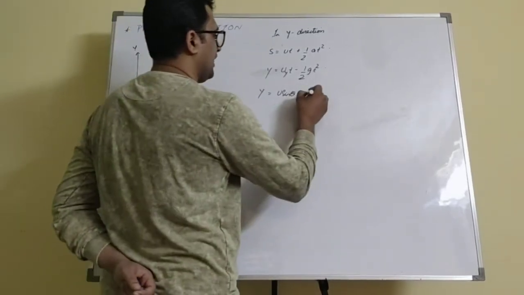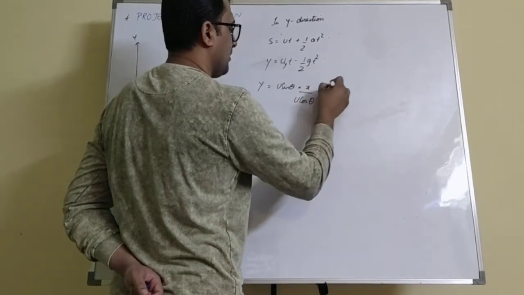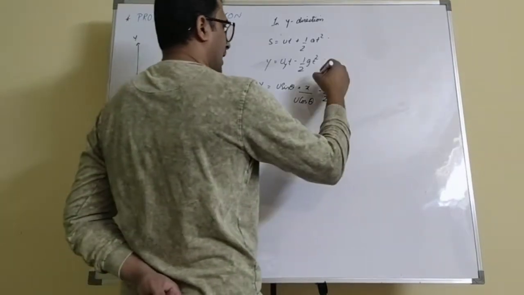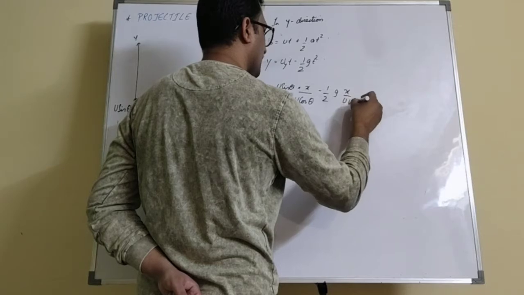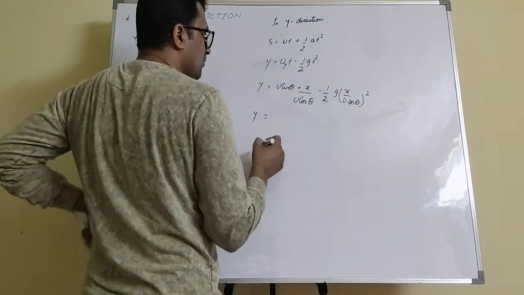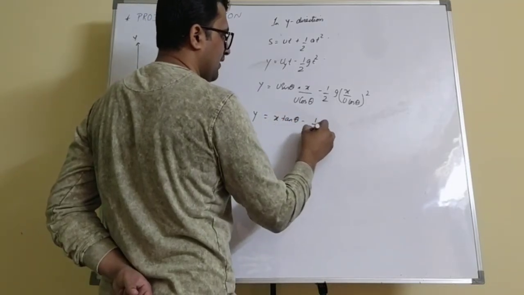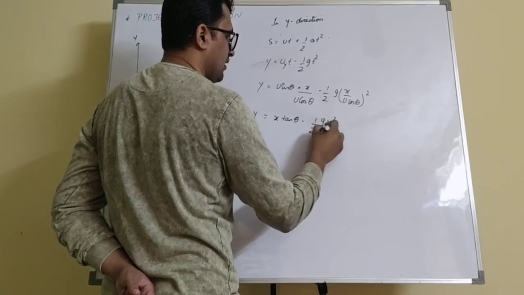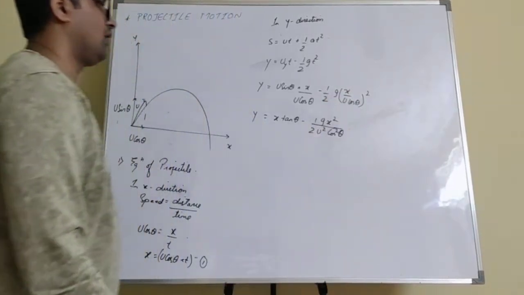So y equals u sin theta times x divided by u cos theta, minus half g times x divided by u cos theta whole square. u cancelled by u, so y equals x tan theta minus half g x square divided by u square cos square theta.